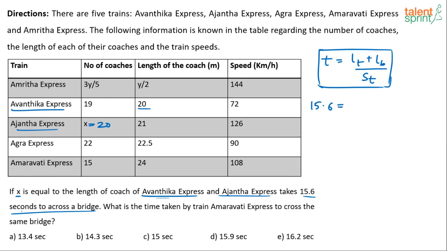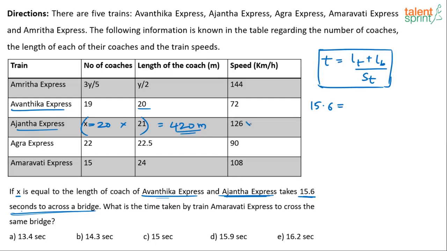15.6 equals length of the train. What is the train here? Ajanta Express. Ajanta Express takes 15.6 seconds to cross the bridge. So 15.6 equals length of Ajanta Express plus length of the bridge divided by speed of Ajanta Express. What's the length of Ajanta Express? 20 into 21, which is 420 meters, right?